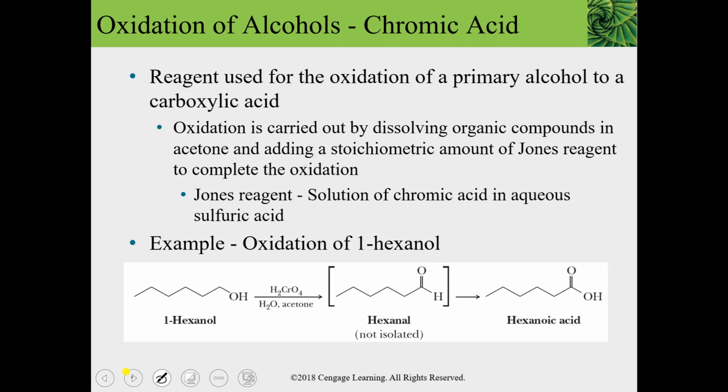We can do this most popularly with chromic acid. When we get the chromic acid, you'll see we'll get this or this. Okay, this is our aldehyde, and this is our carboxylic acid.